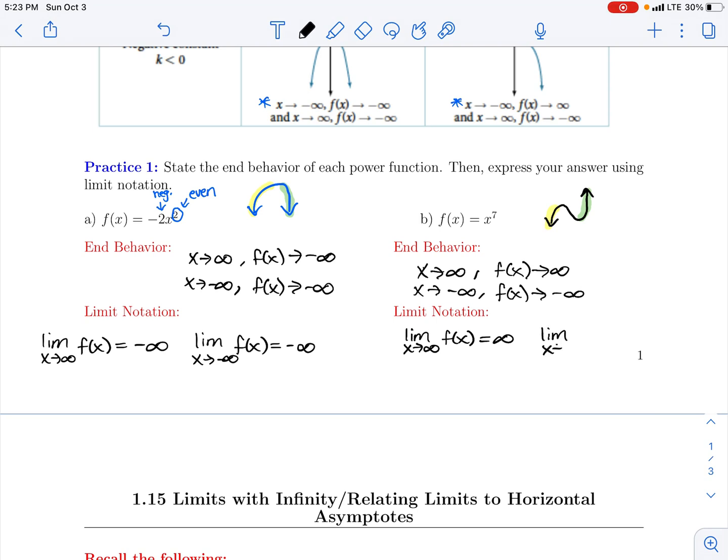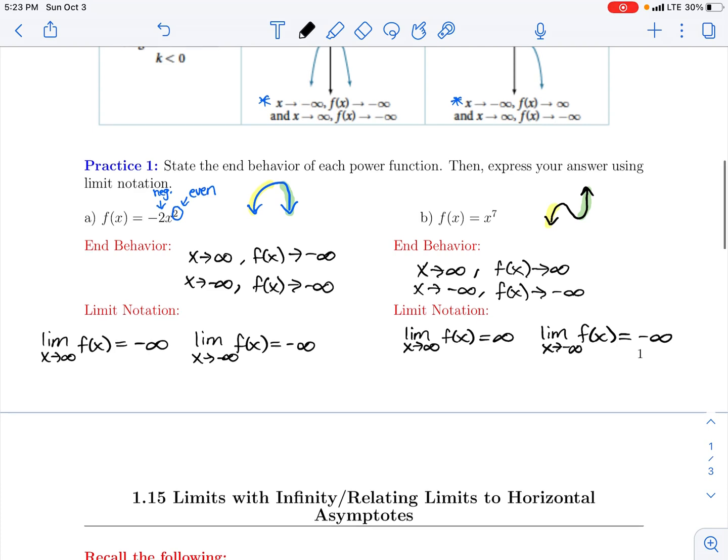And so for negative infinity, I would have that my function is approaching negative infinity here. Okay, so you want to make sure, I know we talked about limits algebraically a lot, and we might have forgotten formally what a limit is, but just remember, the limit tells us the function value that we're approaching as my inputs are approaching some number, or in this case, positive or negative infinity.